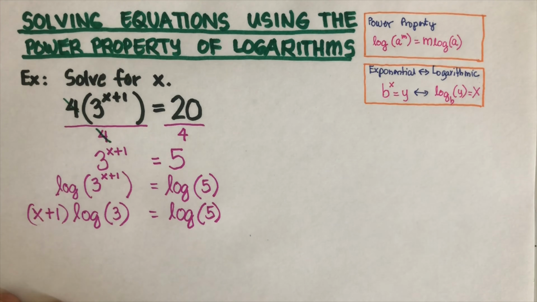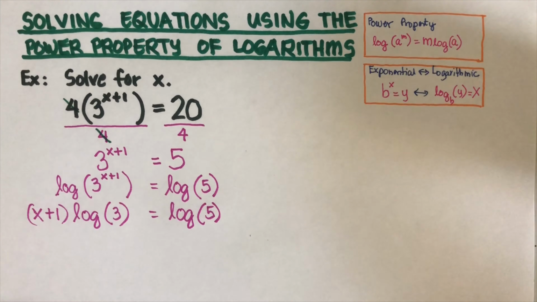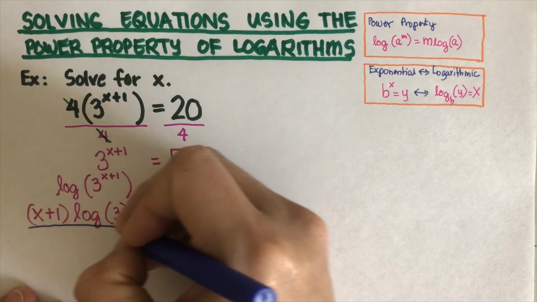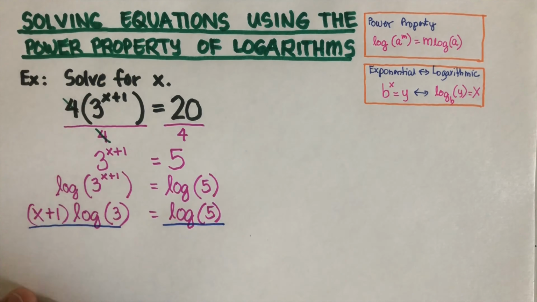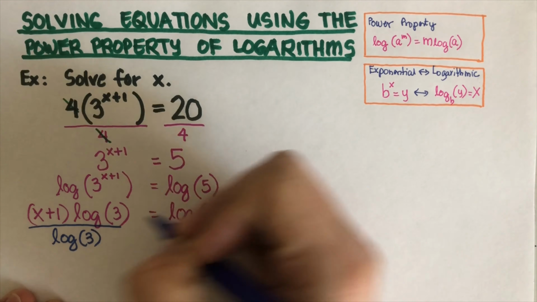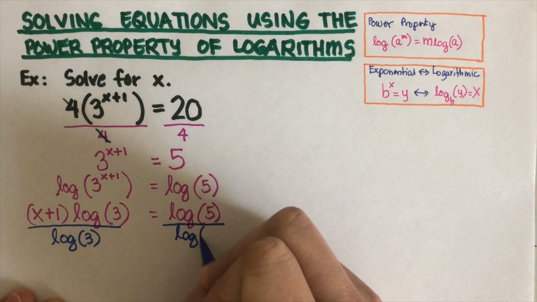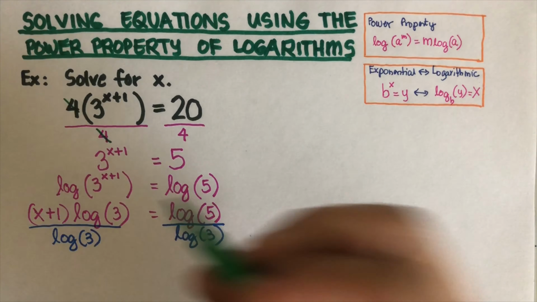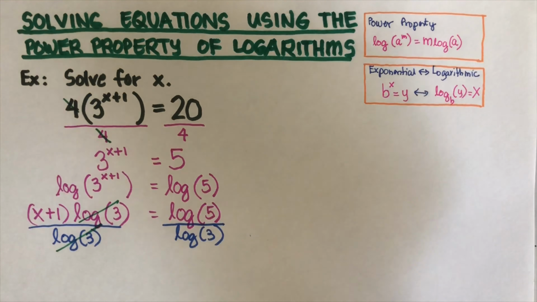And our target is to solve for x. So that means we are going to divide both sides by log of 3, because I want the x by itself over there. So the log of 3 and the log of 3 are crossed out.